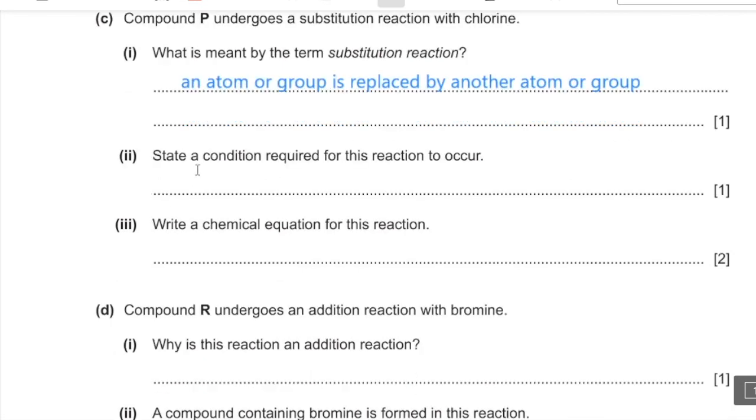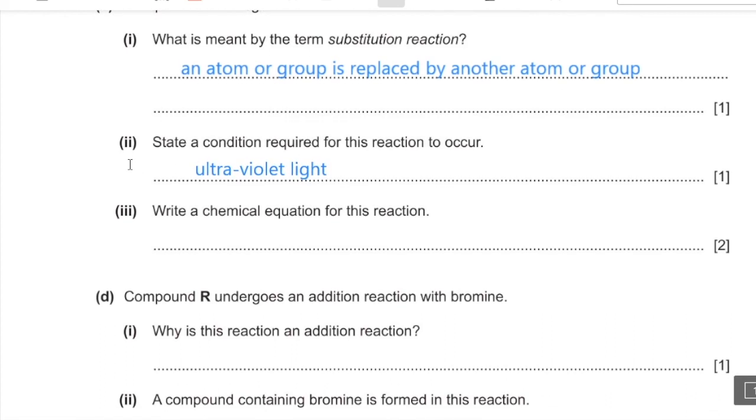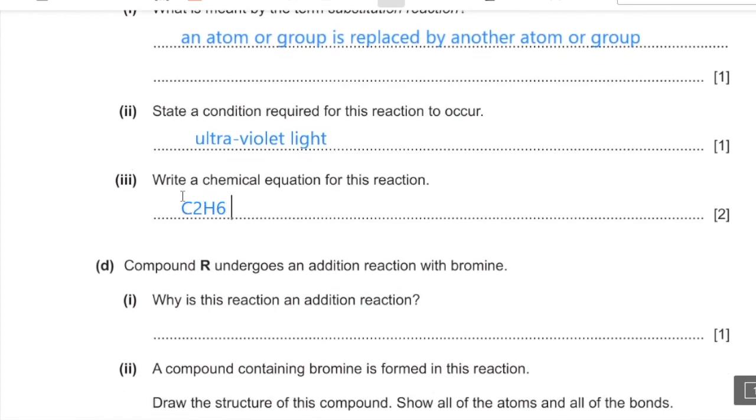You need to have ultraviolet light for a substitution reaction with chlorine. 3. Write a chemical equation for this reaction. So a chlorine atom over here substitutes for hydrogen, and the other product is hydrogen chloride.